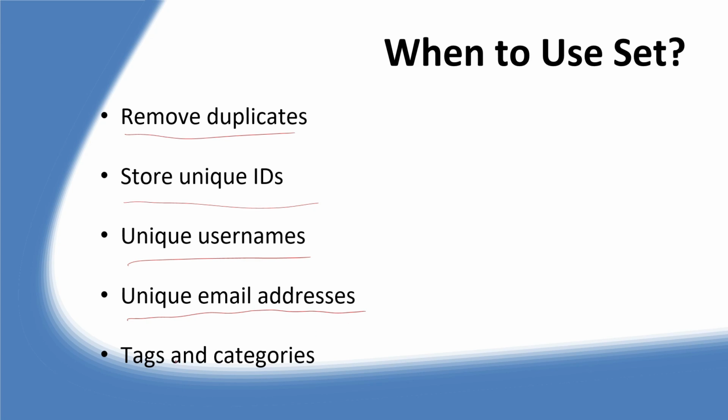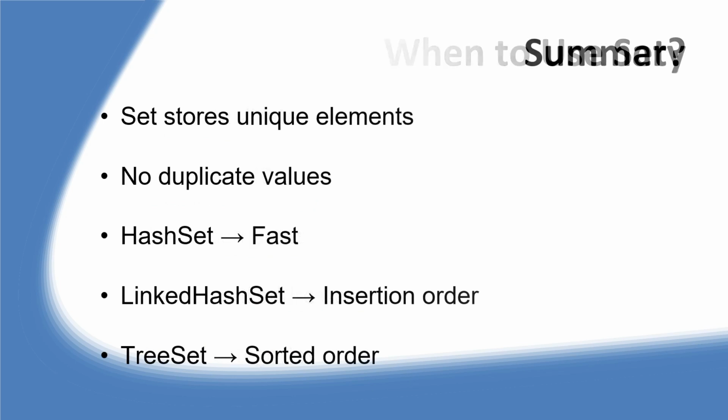And also tags and categories. So based on your use, what is the requirement, we should select the appropriate collection. If we know the properties of what list has and what set has, we can easily take a decision and use it.